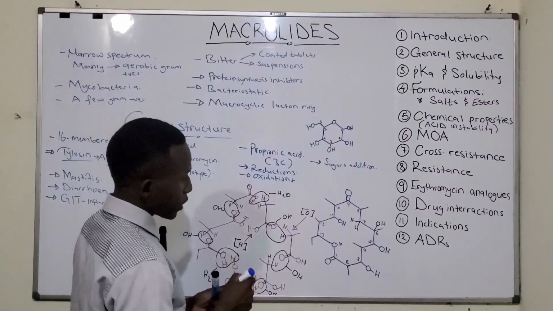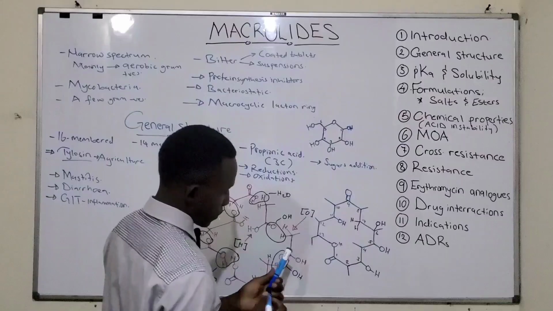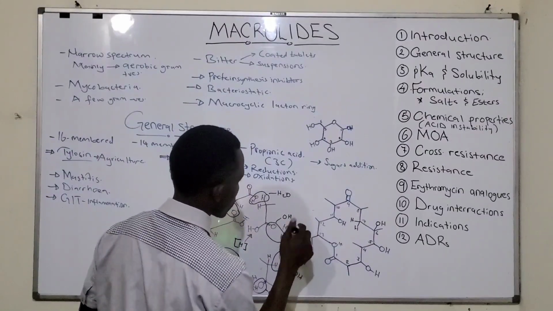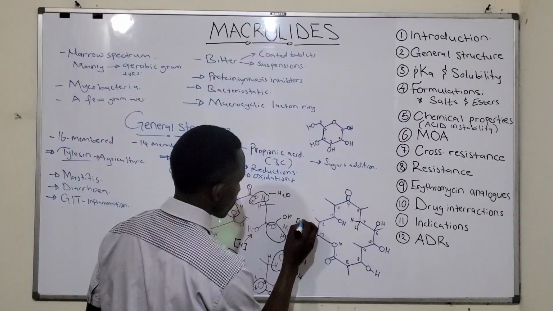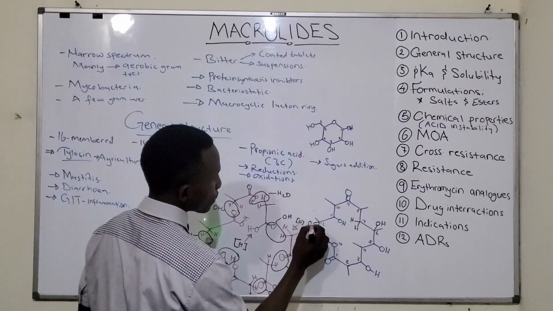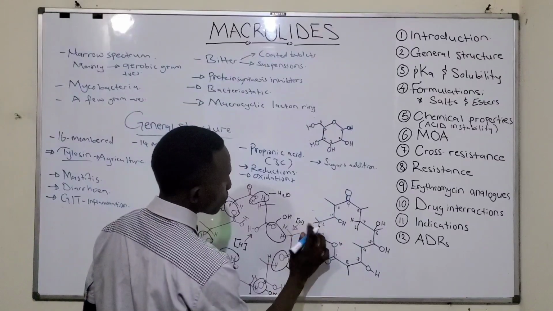Again, at this carbon 12, don't confuse them. This is 4, this part, oxidation for this part. At carbon 12, there is oxidation also. There is an OH group introduced.